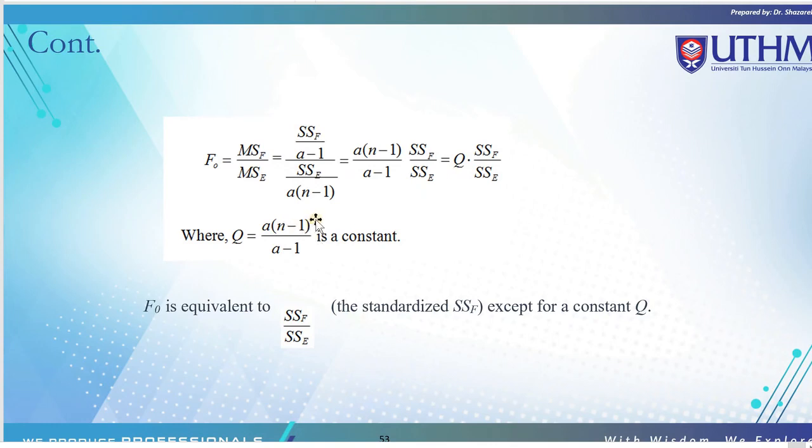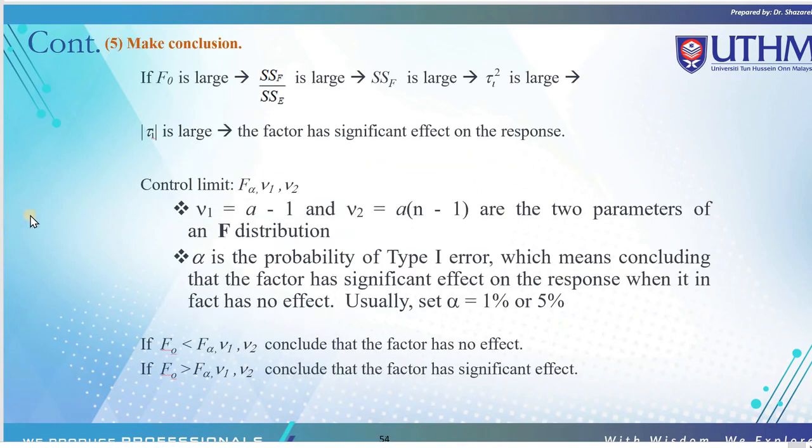Here is the degree of freedom for the error, and this is the degree of freedom for the factor. So we represent it as Q, which is a constant.